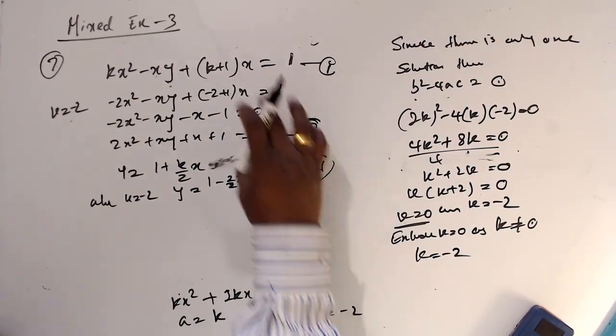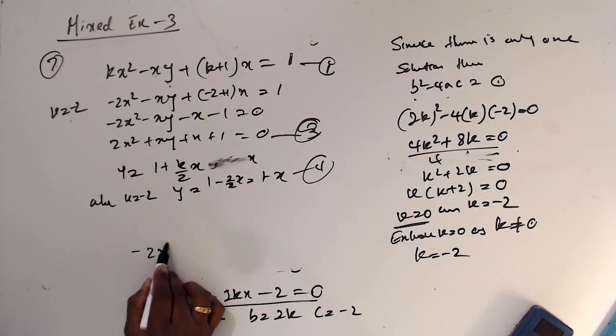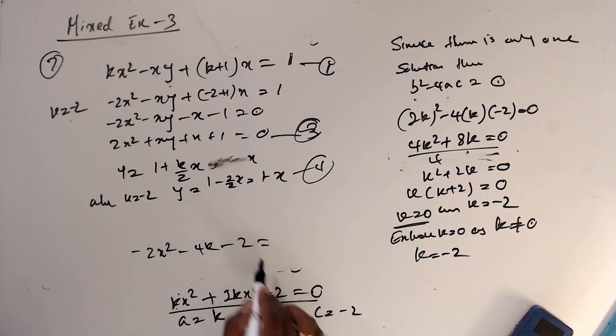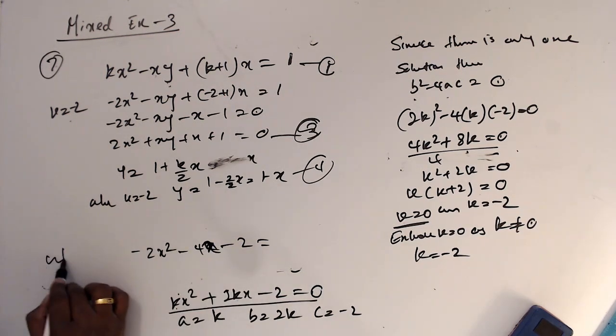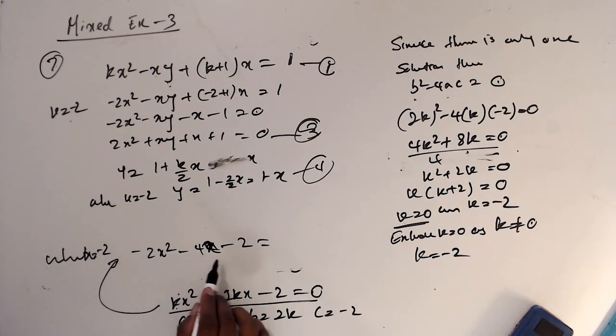So you solve this equation in terms of k and you came to this quadratic equation. You don't need to solve again, you can use this one. When k equals minus 2, I'll substitute into the discriminant equation. Even if you solve this one, you're going to get this equation.